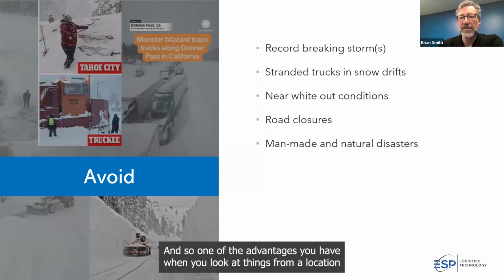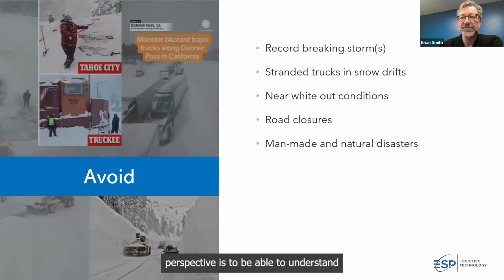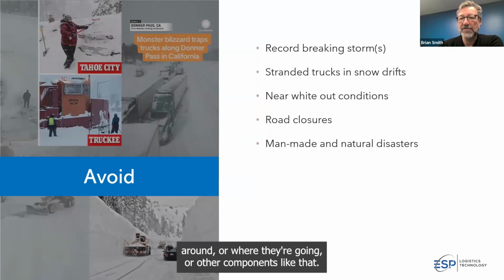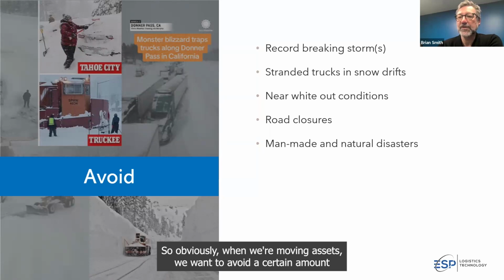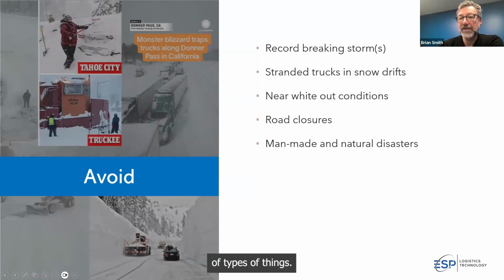And so one of the advantages you have when you look at things from a location perspective is to be able to understand how things interact with other assets around or where they're going or other components like that.